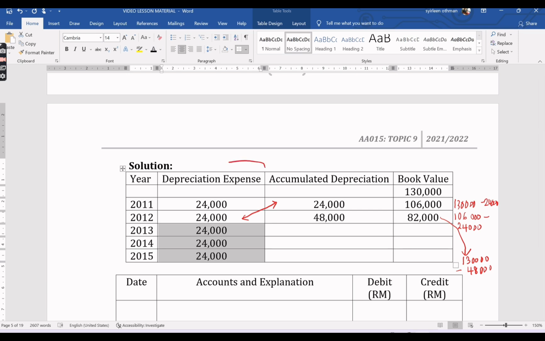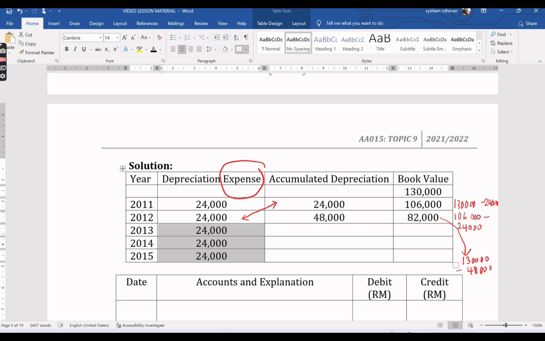This is the depreciation expense, that means this is the annual expense, the amount for the current year's depreciation. This one is one-off, that means it has no balance carried forward, because this is an expenses account. But accumulated depreciation is a contra to the asset, so it has an opening balance and a closing balance.